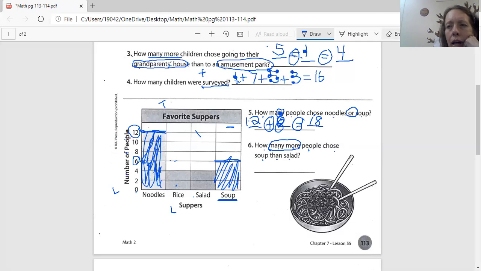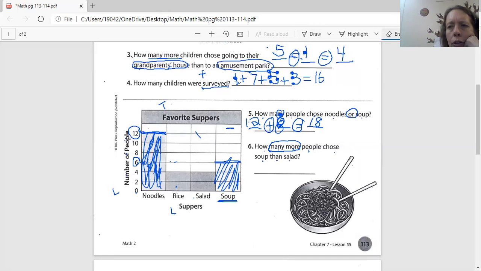Now that I look at that, this looks a little messy here. Let me clean that up a little bit. There it is. That's okay. So how many more chose soup than salad? All right.